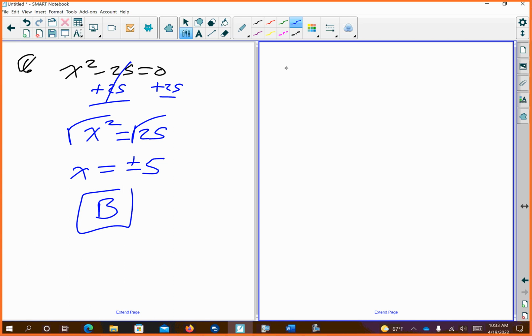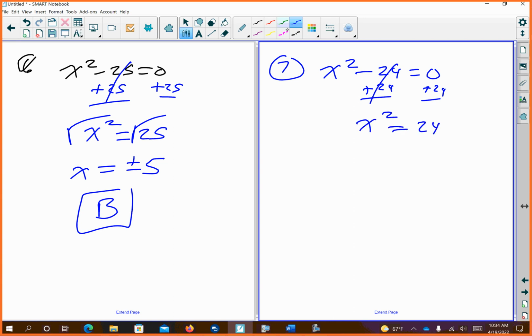Cool? Number 7's done very similar to number 6. So I'm going to add 24 to both sides. Those cancel, so I get x squared equals 24. Root, don't forget the plus minus. So I get x equals plus or minus root 24. If you leave it like that, you're going to miss a point.